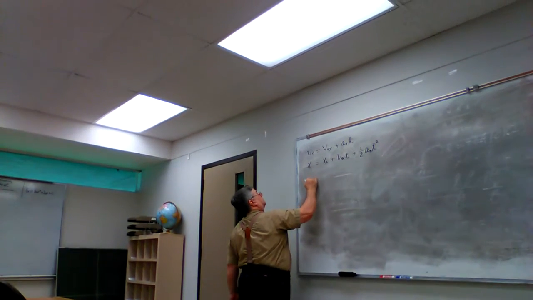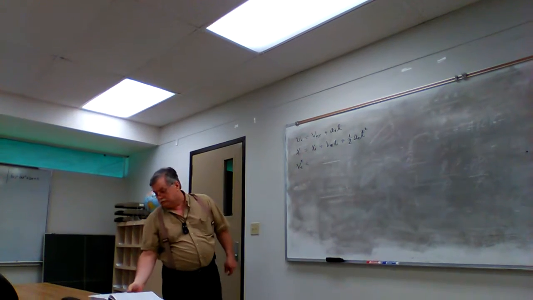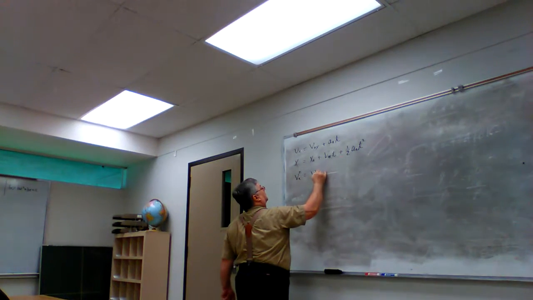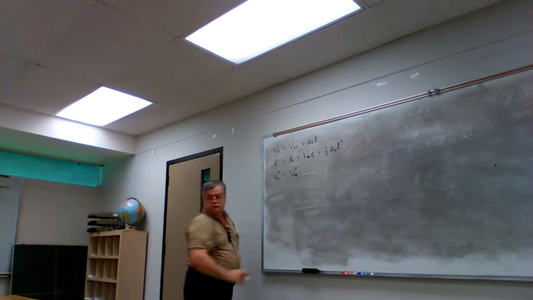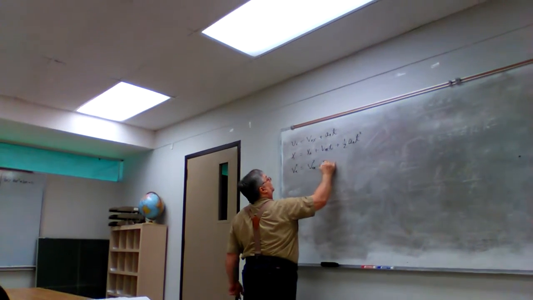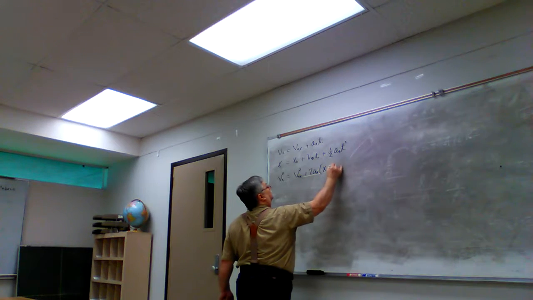We also derived velocity in x squared is equal to v sub naught in x squared plus 2 times acceleration in x times x minus x sub naught.